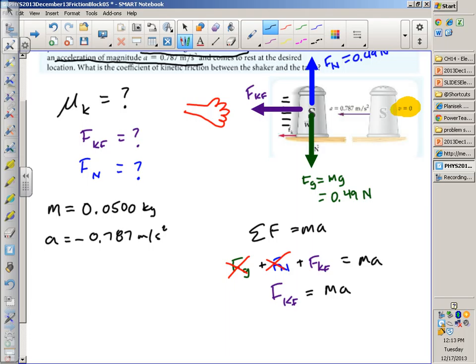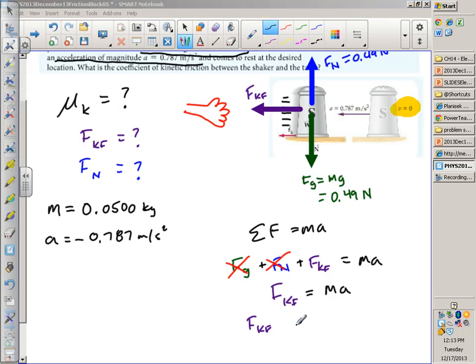All right, then we start plugging in things we know, right? That's good that we have an equation to solve for the kinetic friction, because we said kinetic friction was one of the things we needed to know to find the coefficient of friction.